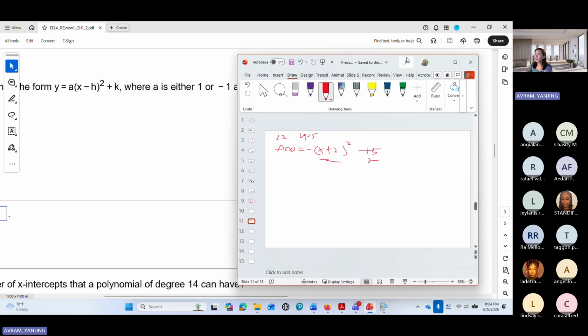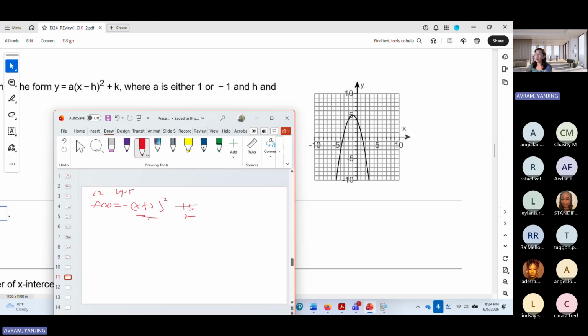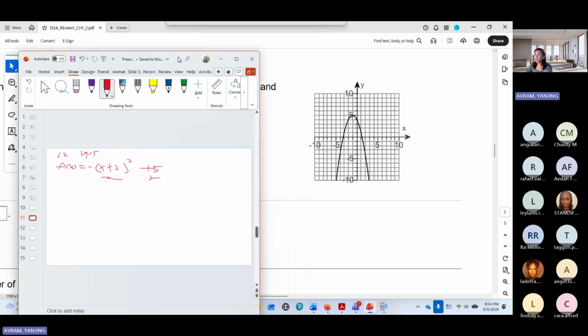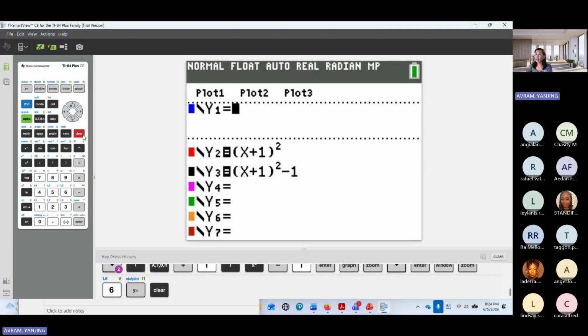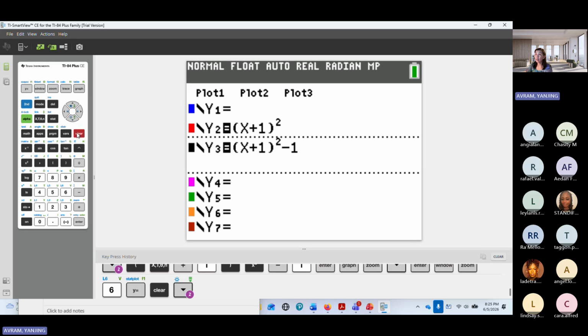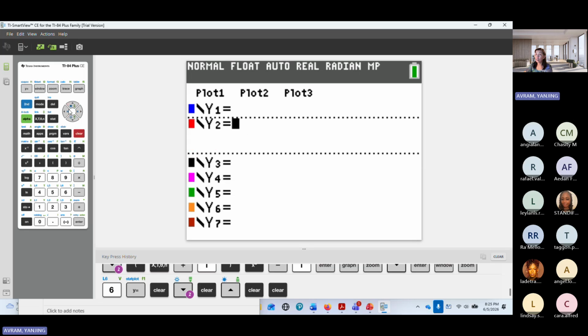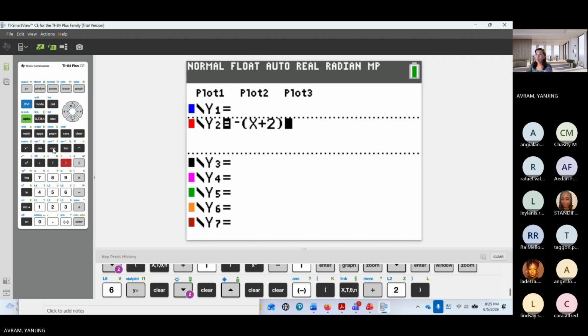If you do not know, after you do this one, you can graph to see if it looks similar to this one, right? So we can use a calculator to double check. There's another way to double check. So I have a negative x +2 squared +5.